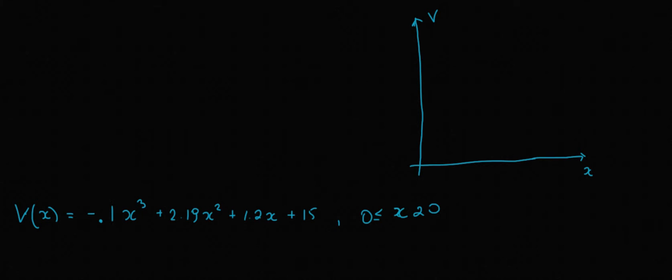So suppose we want to graph the relationship between the amount spent on advertising x and the volume of sales v. If x equals 0, if nothing is spent on advertising, there will still be some cars sold, and so our plot will begin somewhere above the origin on the v-axis.